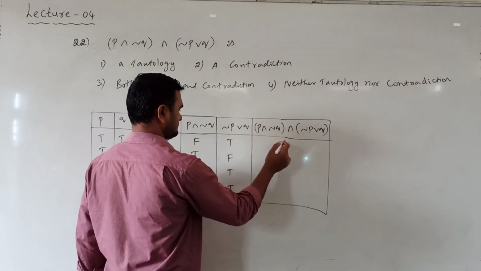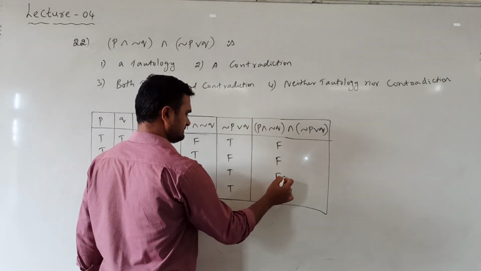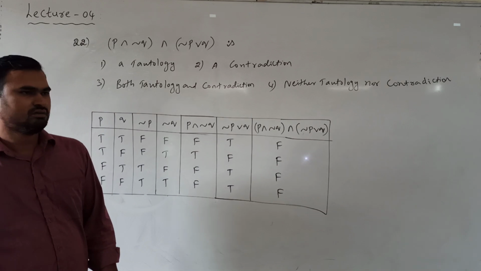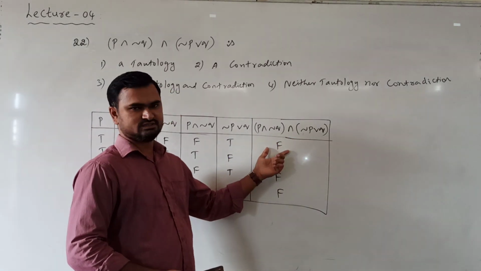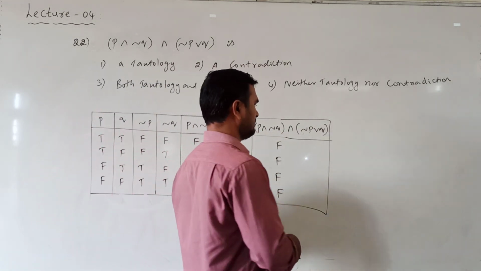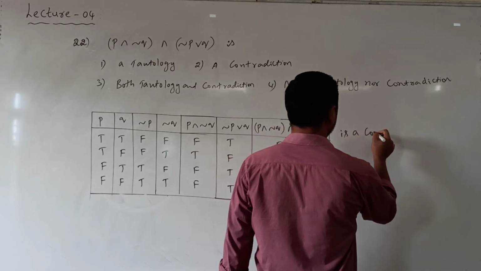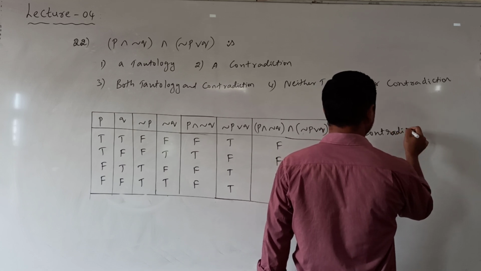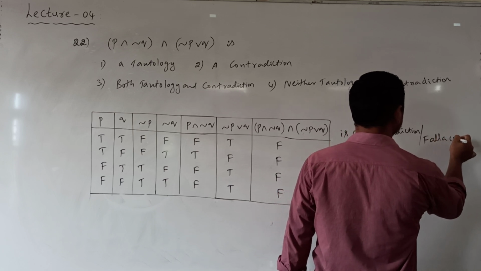This is false, this is false, false, and this is also false. So we can see that in the truth table column all are false, which means this compound proposition is a contradiction, also called a fallacy.